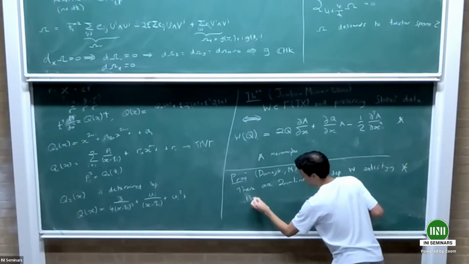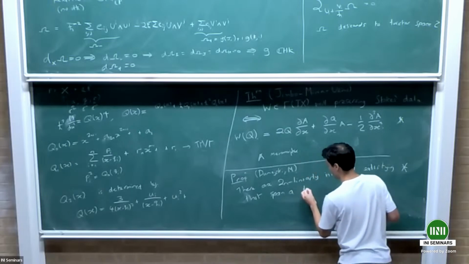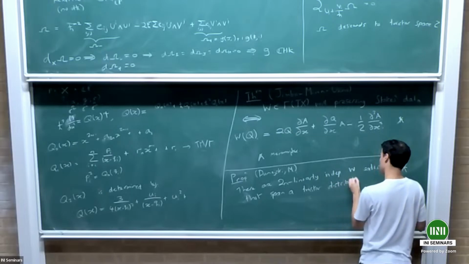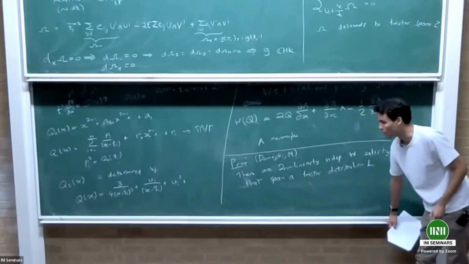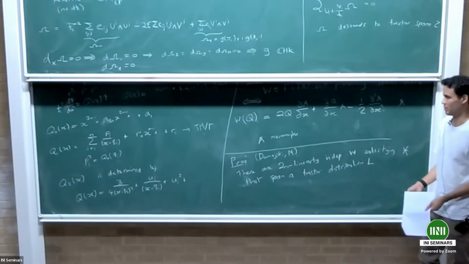That span a twisted distribution. Yeah, that's right. And so as you vary h bar, you get a twisted distribution.